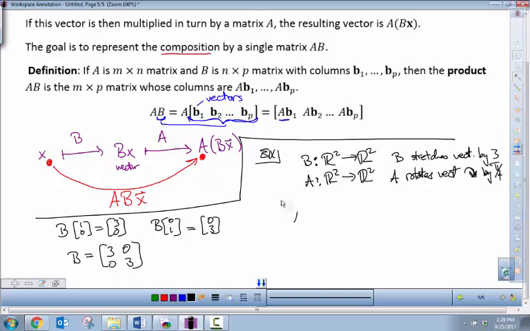And so A is a rotation 45 degrees in a clockwise direction. So if you imagine your vector 0, 1 that rotates 45 degrees clockwise, where are you going to end up?